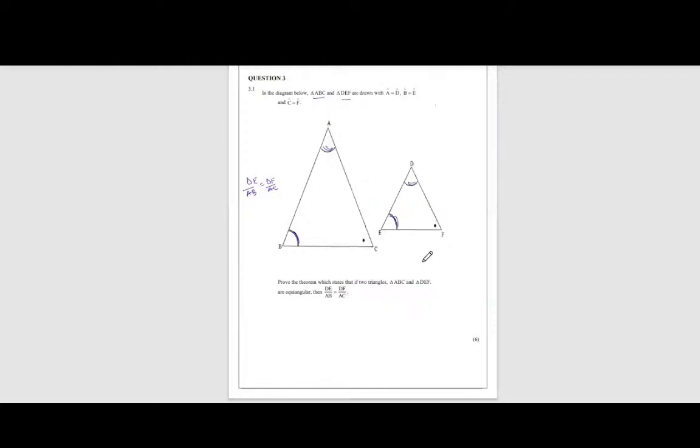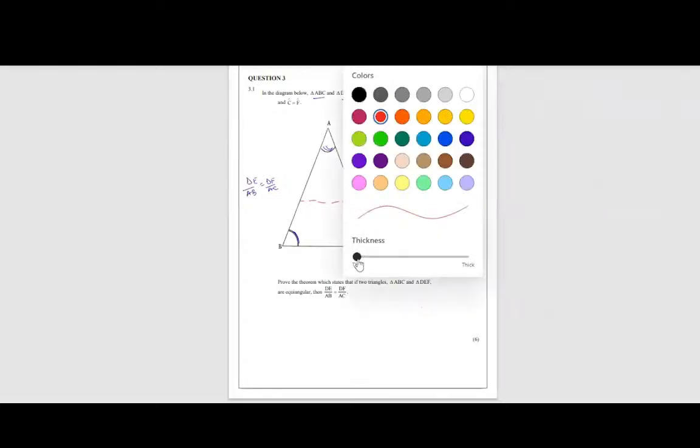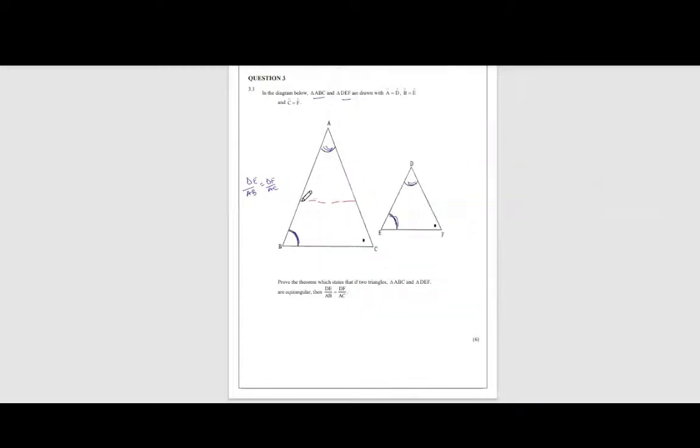We get the big triangle and apply some bit of construction. Let me just make this a bit thicker. So this has been constructed. We can label this as S and T, or in any other format that you feel comfortable with.